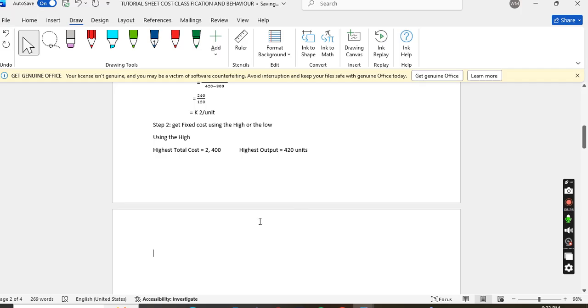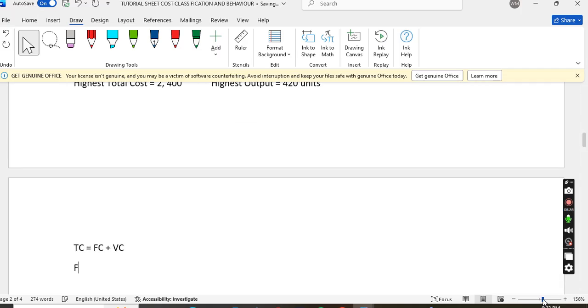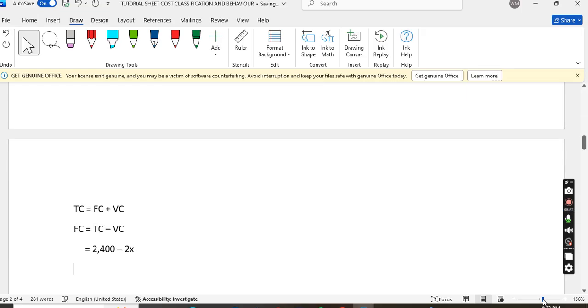So to get our fixed cost, remember total cost equals fixed cost plus variable cost. If we make fixed cost the subject of the formula, we get fixed cost equals total cost minus variable cost. The highest total cost, 2,400, minus our variable cost, 2 kwacha per unit, times x. x just represents the number of units.